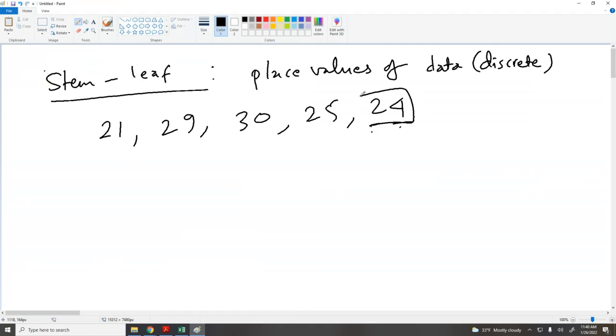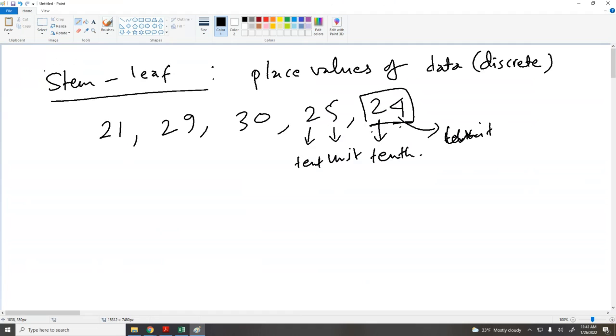If you look at 24, you can see that the 4 is in the unit place and the 2 is in the tens place. Since these are double digit numbers, we will consider the unit place values to be the leaves, and the tens place values to be the stem.